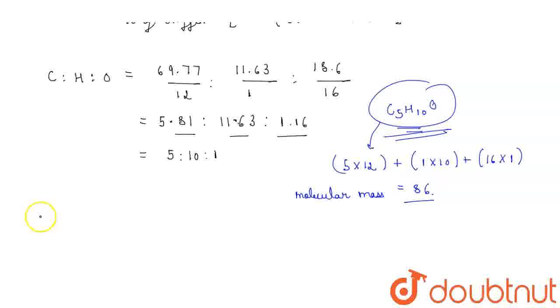Since the given compound does not reduce Tollen's reagent, it is not an aldehyde. Again, the compound forms an addition product with sodium hydrogen sulphite and gives a positive iodoform test. Since the compound is not an aldehyde, it must be a methyl ketone.